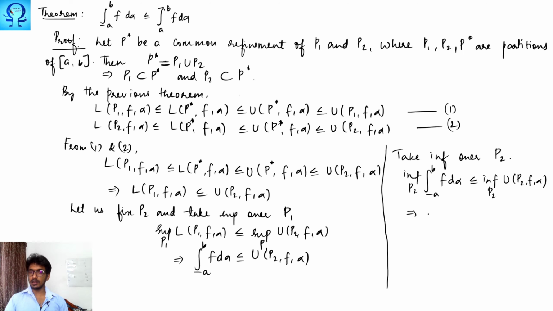Since the left side is independent of P2, it stays the same, and the infimum of upper Riemann sums becomes the upper Riemann integral, and this completes the proof.